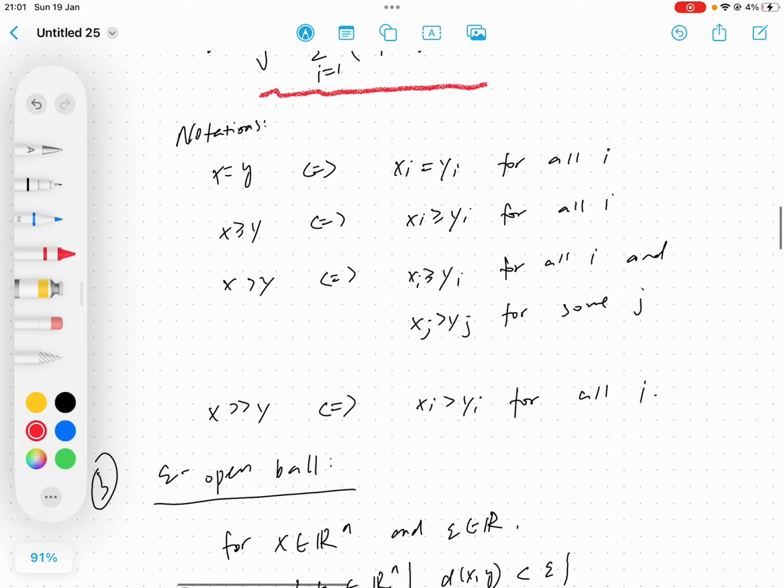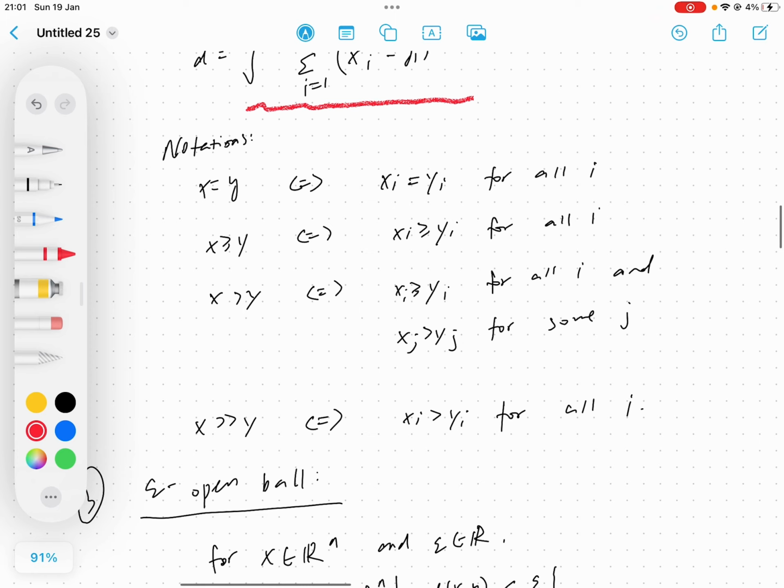And we're gonna have some notations for the points in spaces with many dimensions, right? So we're gonna say that x is in the Euclidean space, right?